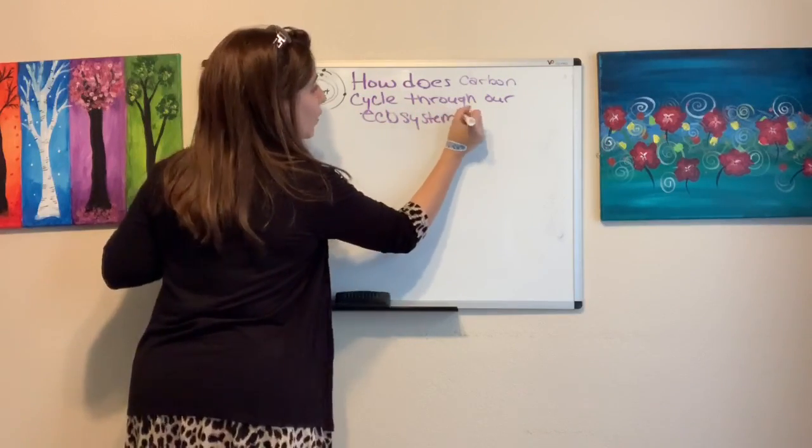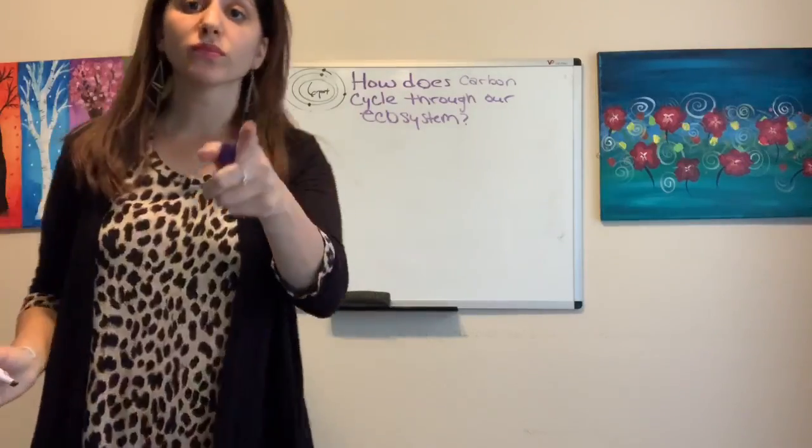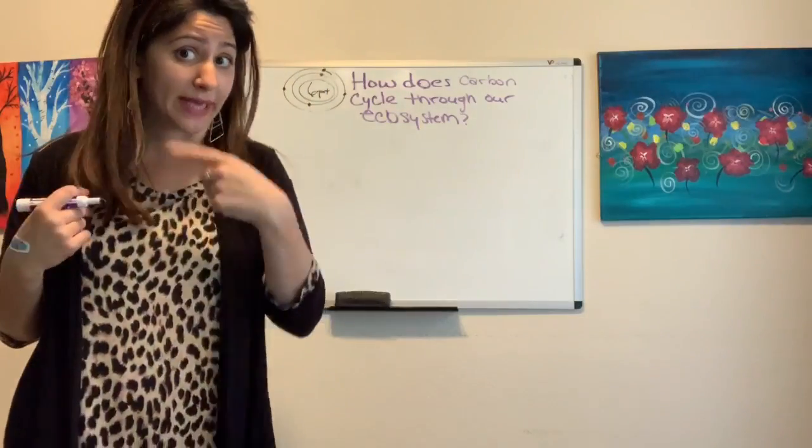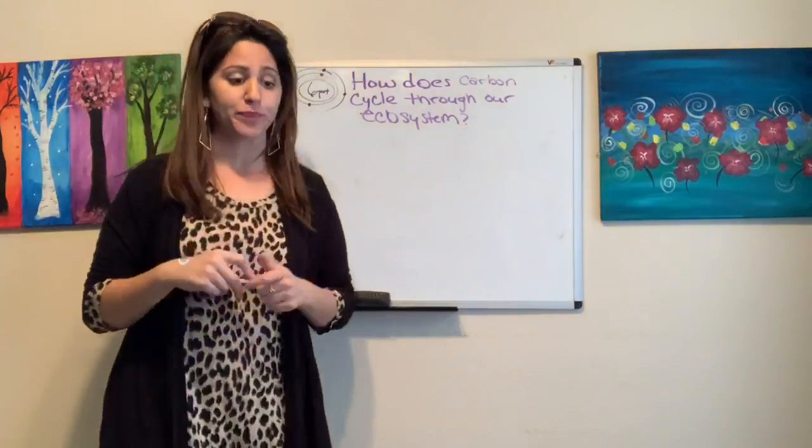And what did we say? What is the ecosystem? Okay, I'm not telling the answer. You should know it, okay? We learned this yesterday. So, how does carbon cycle through our ecosystem? That is what we're going to talk about right now.